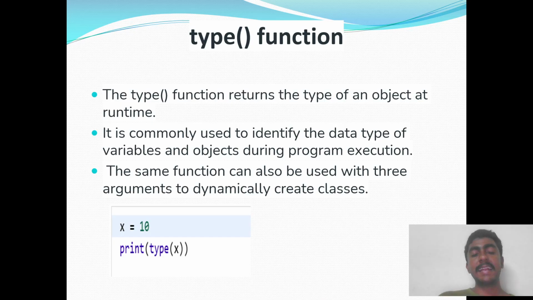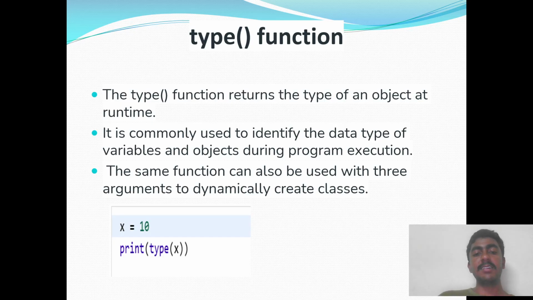So what exactly is the type function? The type function is used to identify the data type of a value or a variable during program execution. In simple words, it tells us what kind of data Python is actually working with. Think of it like checking someone's identity card.